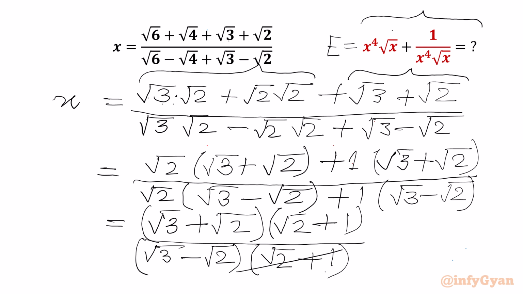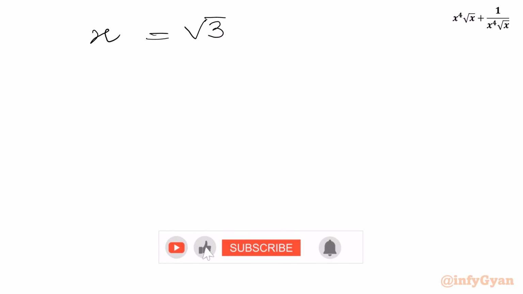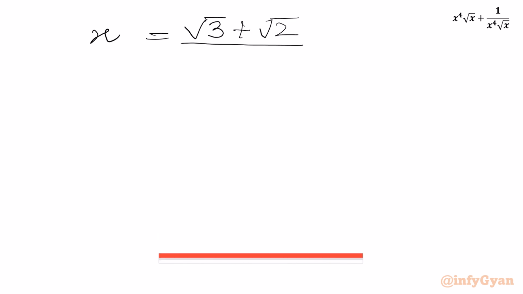So these two brackets we can cancel. So x is coming out root 3 plus root 2 over root 3 minus root 2. Let me write here x equal to root 3 plus root 2 over root 3 minus root 2.